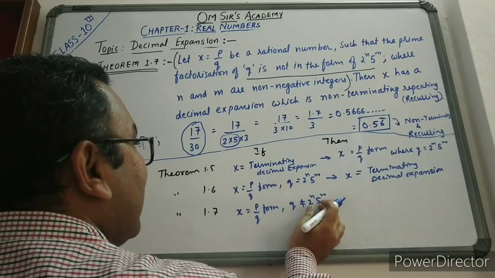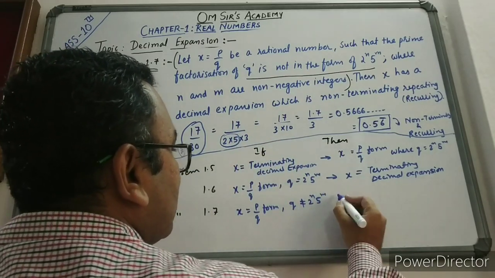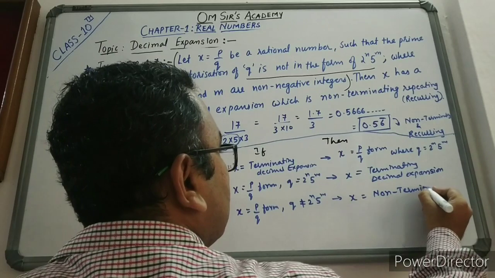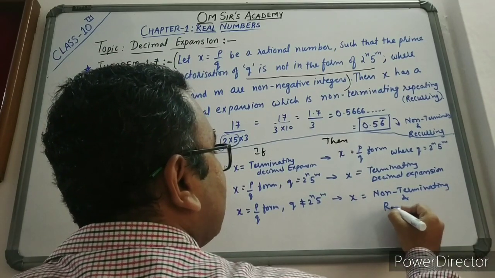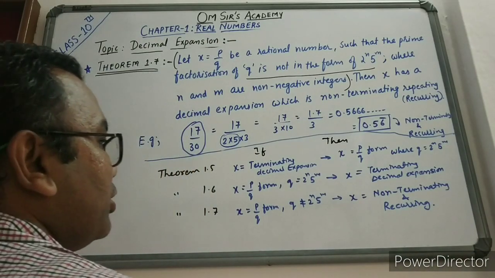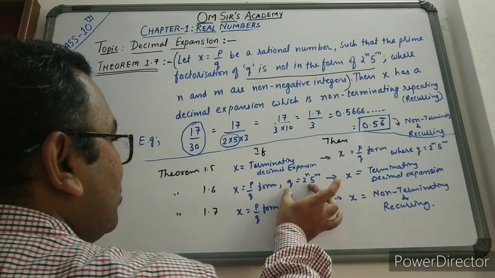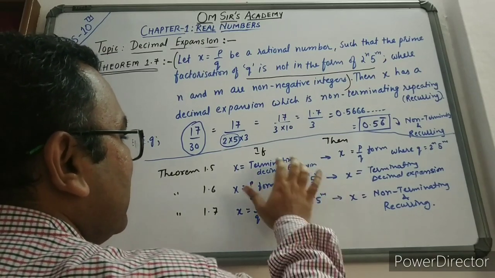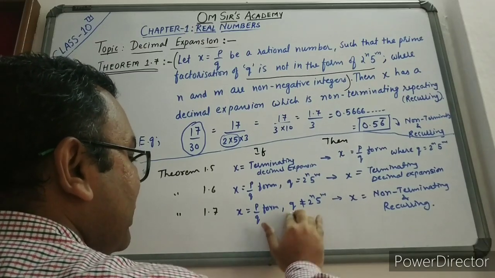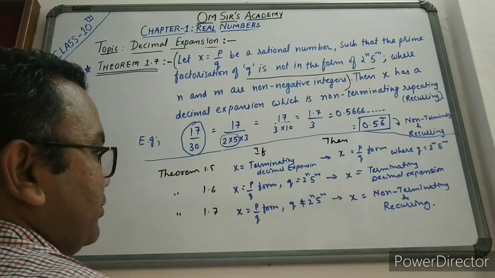So where prime factors other than 2 and 5 appear in q, then what decimal expansion will x have? Non-terminating and recurring decimal expansion. Remember this rule, friends. So the main concept here is that if q is 2 raised to n and 5 raised to m, there will be a terminating decimal expansion. And if q is not of the form 2 raised to n and 5 raised to m, then what will happen? It will have a non-terminating and recurring decimal expansion.